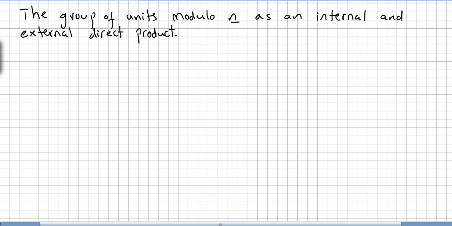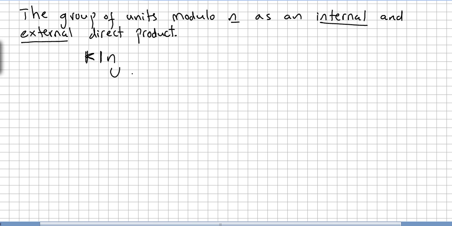So we get directly into how the group of units modulo n has an internal and external direct product. First let us take a k that is a divisor of n.